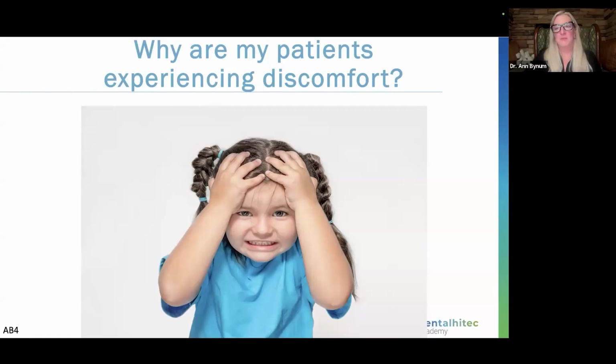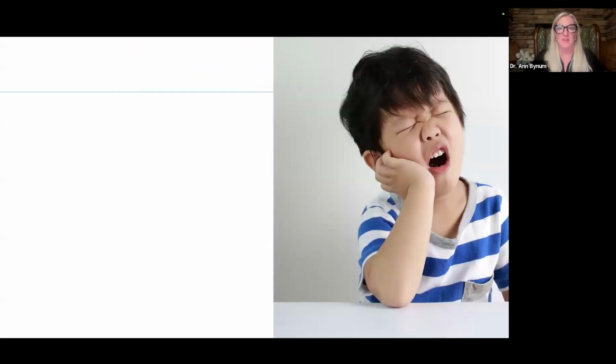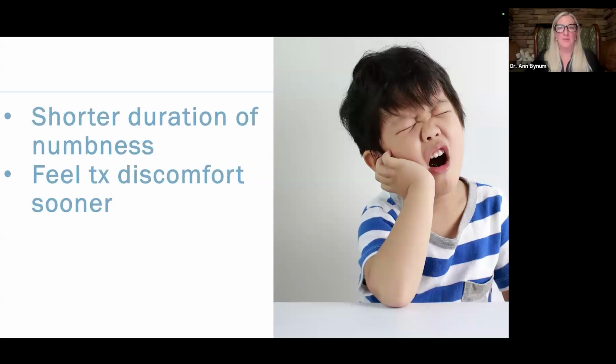So we're gonna cut to some of the things that we've read about on the Facebook groups. And one of the things is, why is the patient experiencing discomfort? They're not numb as long, right? So it may be that they've waited for a sibling to finish treatment before they're checking out, and now the numbness is going away, and you just did 2 pulps and crowns next to each other, and the crowns are tight, and now the kid's a little whiny because the numbness is wearing off, right?